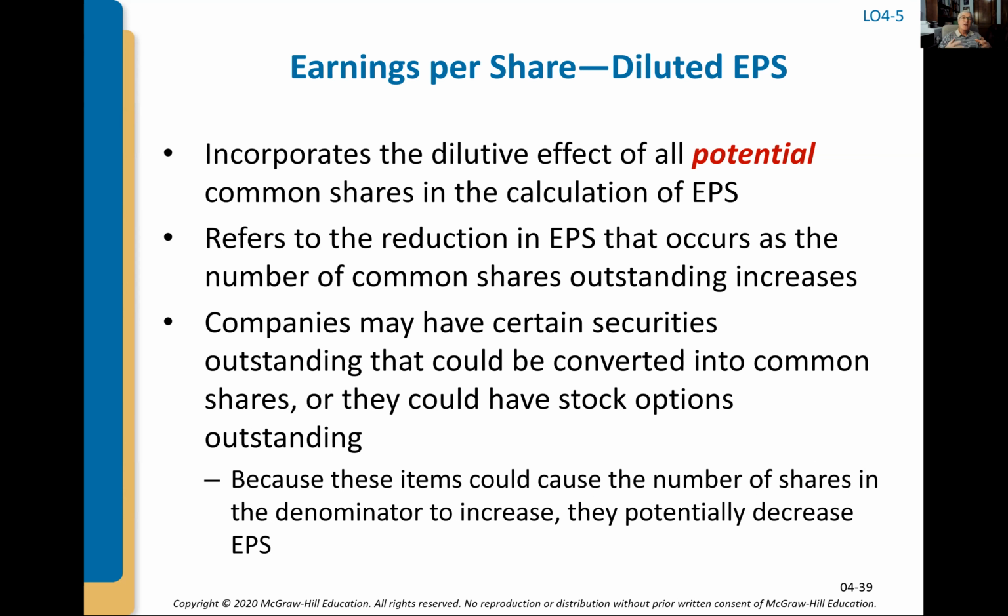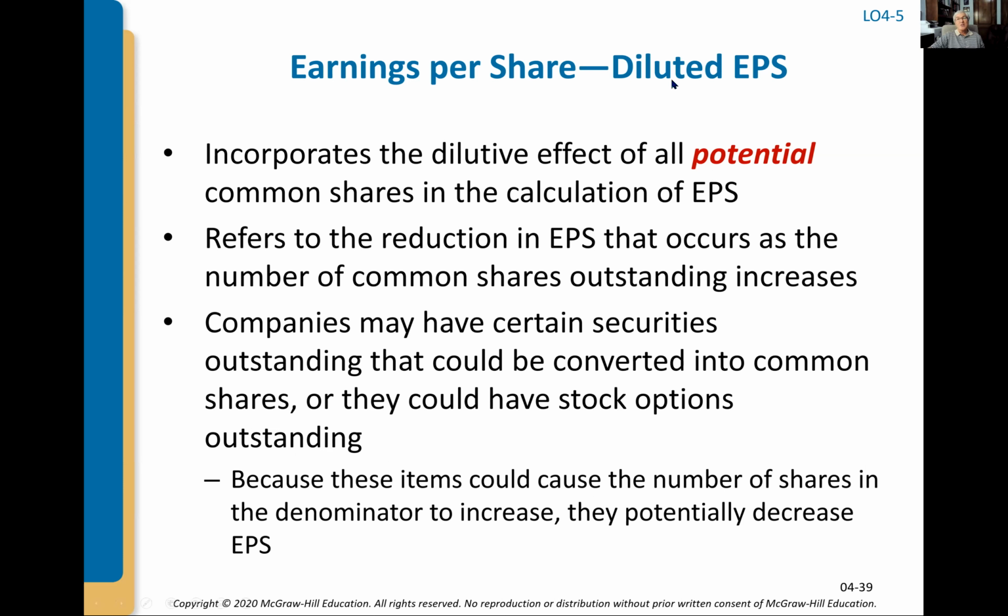We do that because we don't want to surprise anyone. If we just did basic earnings per share, there could be a lot more shares if some of these stock options got exercised or these convertible bonds got converted to shares. So we want to make sure investors can see the real, complete, full picture.